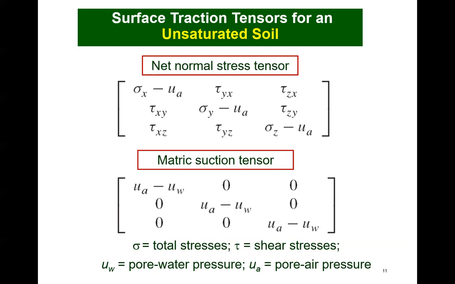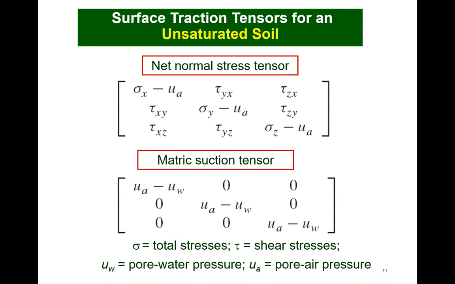The tensors shown on this slide are referred to as the net normal stress tensor and the matrix suction or soil suction tensor. Two independent stress tensors are required to define the stress state for an unsaturated soil.